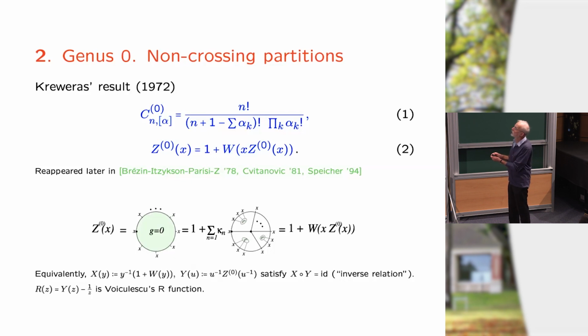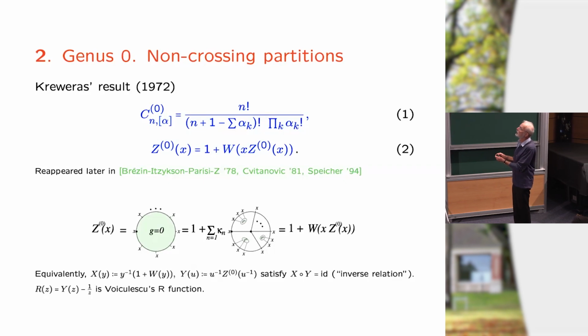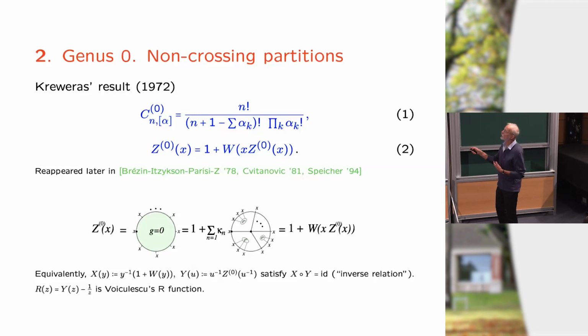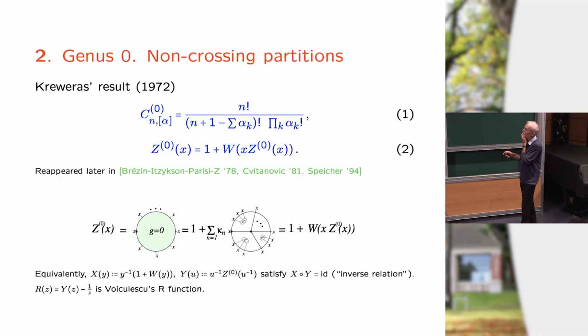So in total, what you have reconstructed in that way is 1 plus w, the function w. Remember, the w had no term of order 0. So that's the y of the one here. So you have w with the argument now being x times z0. Do you see that? So if you accept that, I'm going to generalize that later, and you'll see that it makes life much easier.